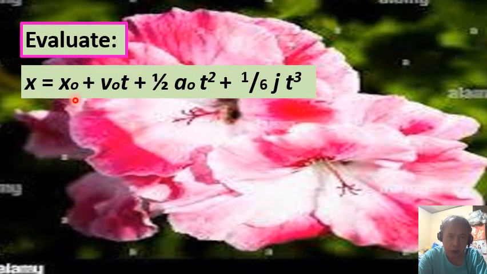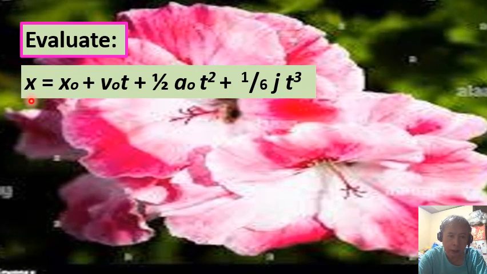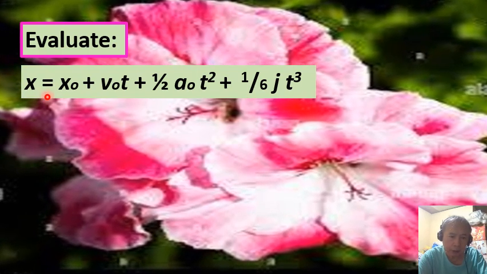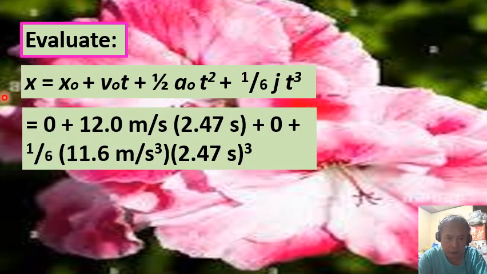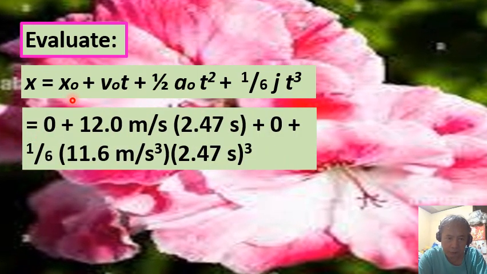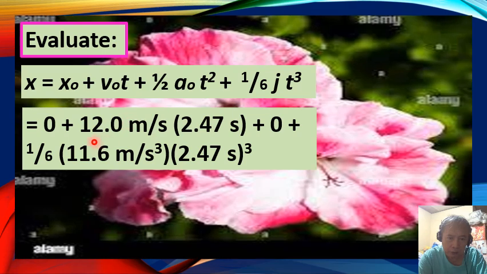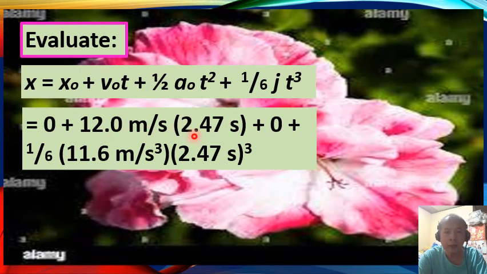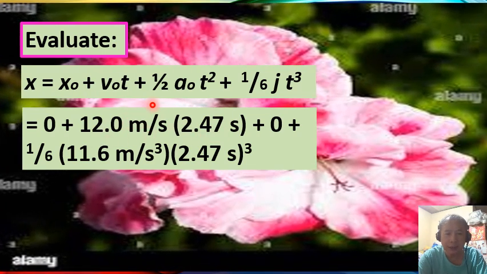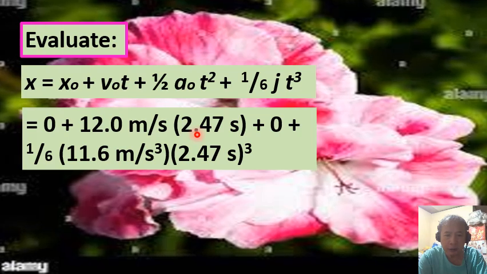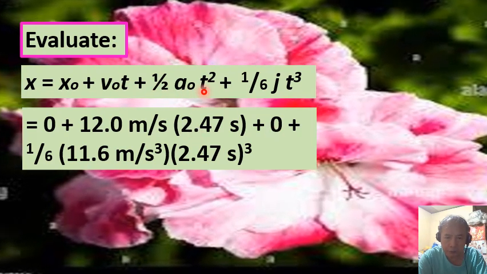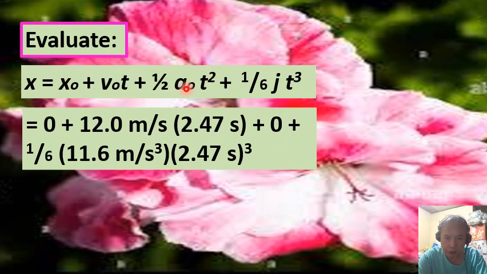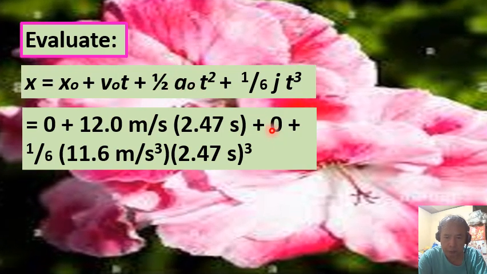So substituting each of these quantities, we can find the value of the distance x. That is, x equals 0, that's the value of x naught, plus 12.0 meter per second times 2.47 seconds, that's v naught t, plus 0 for 1/2 a naught t squared, because a naught is understood to be equal to 0.